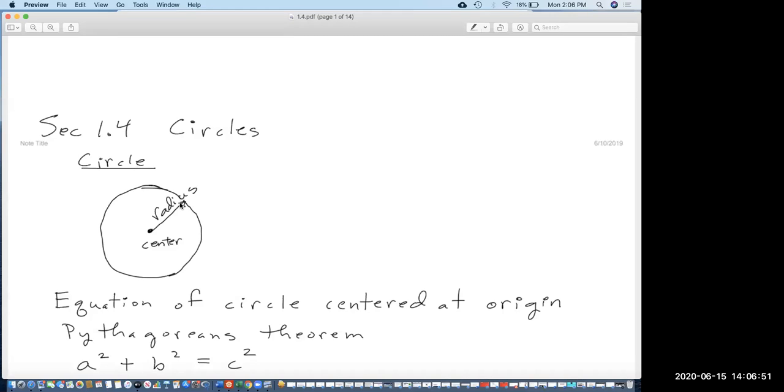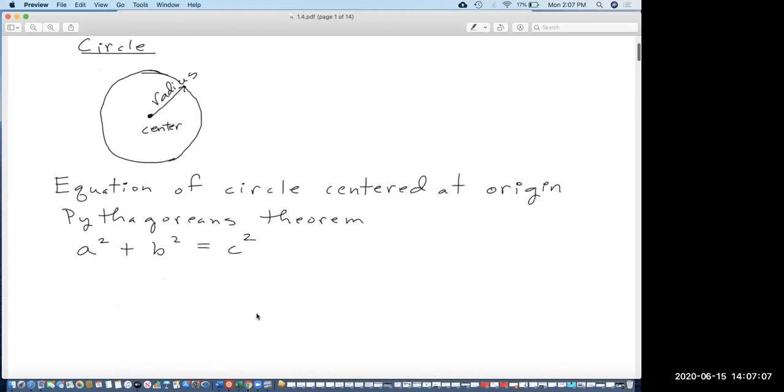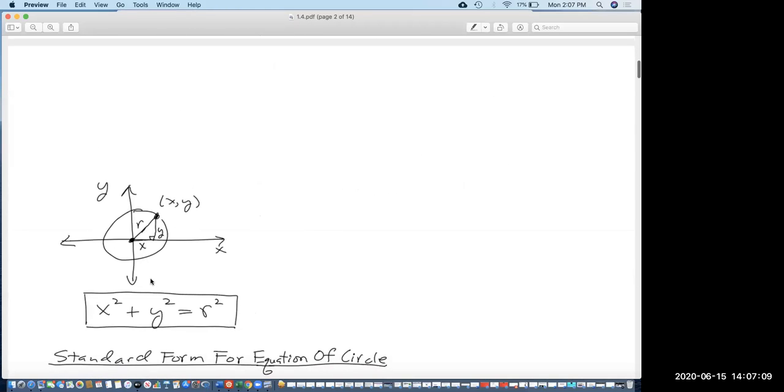So let me determine the equation of a circle centered at the origin. I can do that using Pythagorean's theorem. Pythagorean's theorem just says that a squared plus b squared equals c squared. Suppose I have some point (x, y) on the circle, and suppose that this circle is centered at the origin and has radius r.